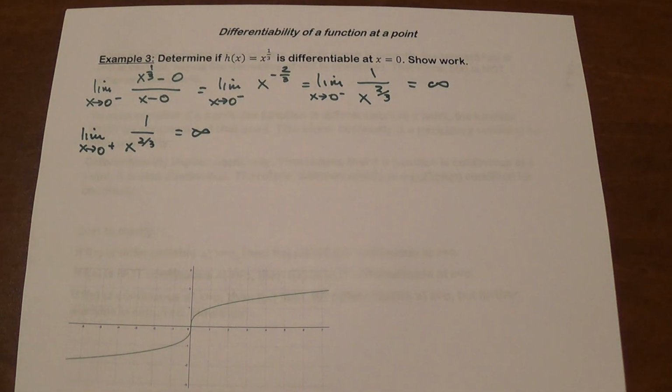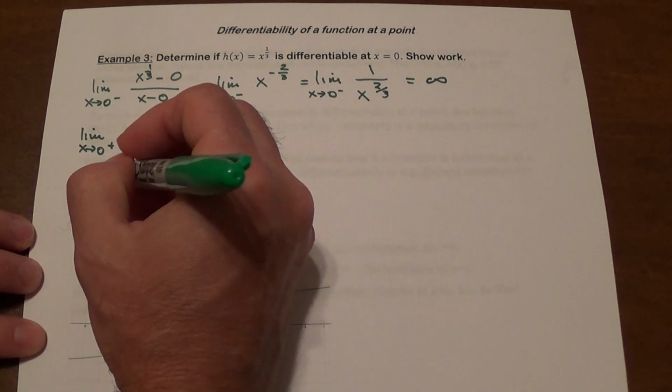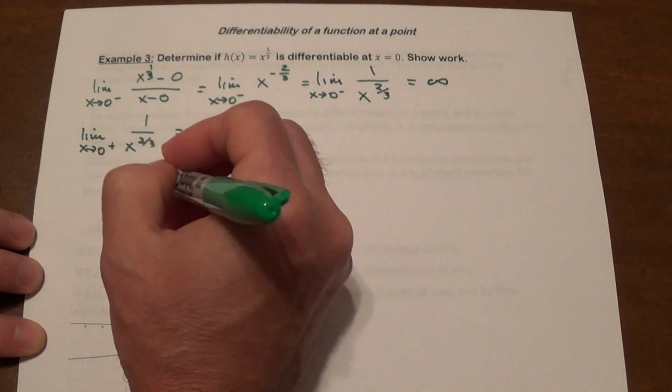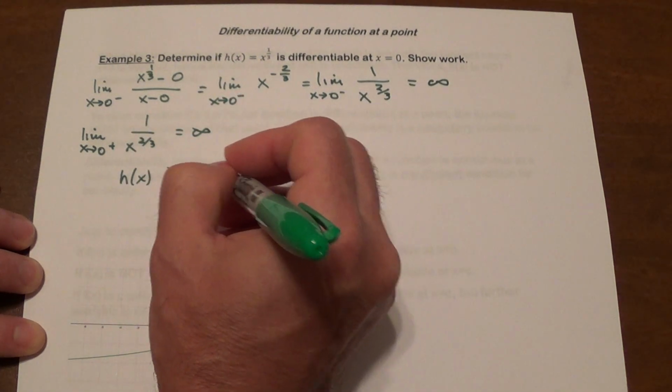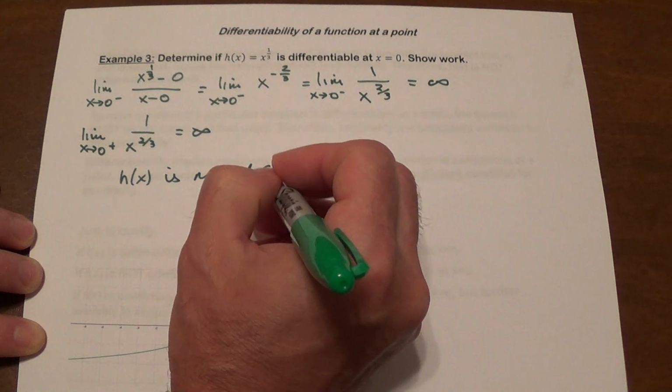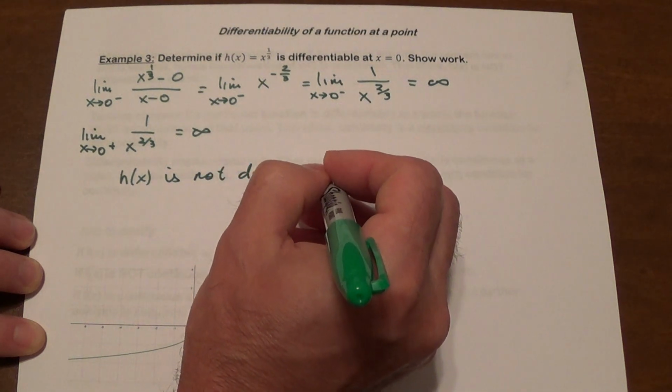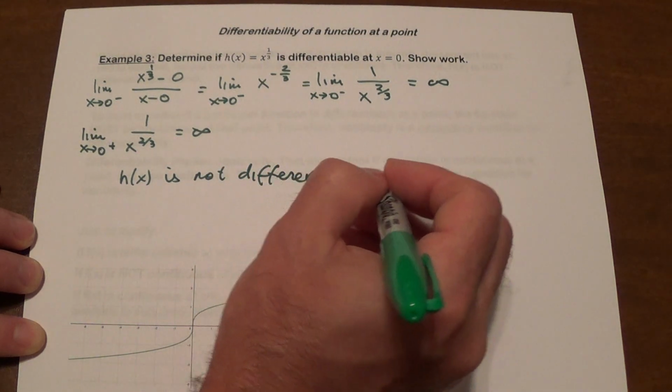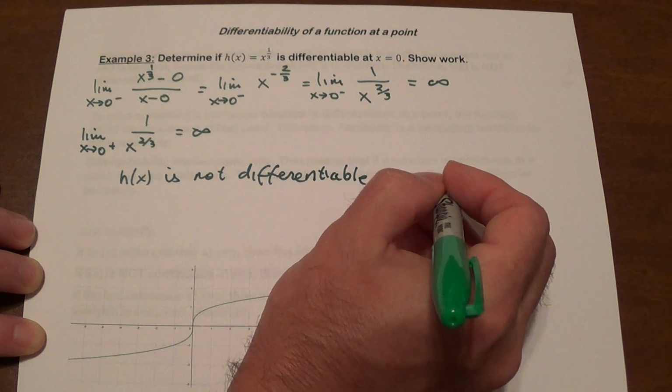So infinity is not a number. Remember, to have a limit, we need to have finite values. You don't have a finite value, the function is not differentiable. So h of x is not differentiable at x equals 0.